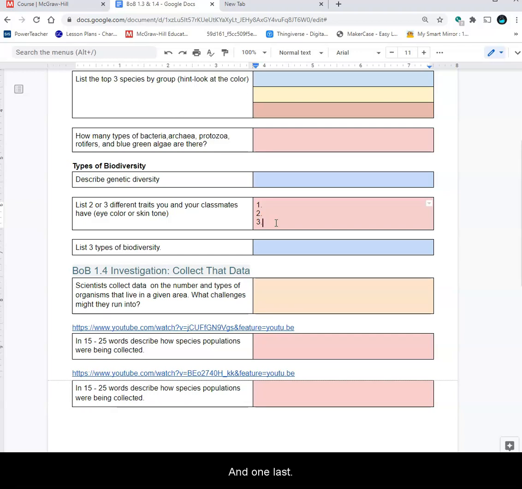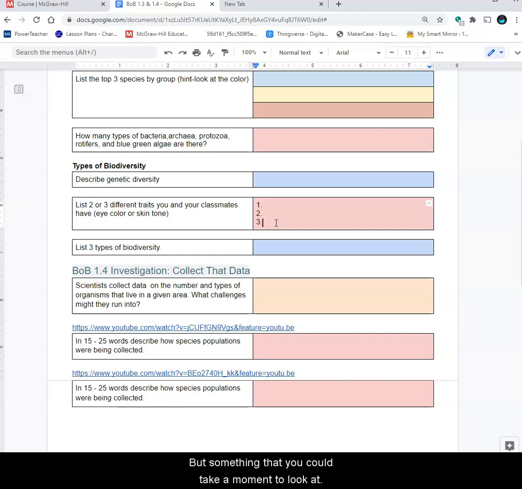And one last genetic trait might be earlobes. So some people have the bottom of their earlobes attached to their jawline, whereas some people have an earlobe that hangs.